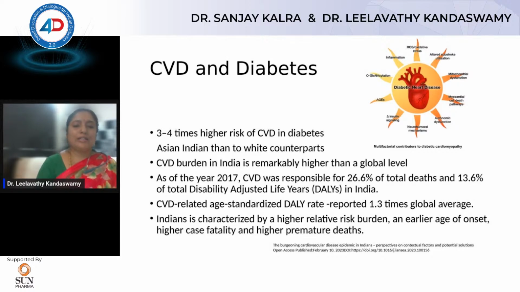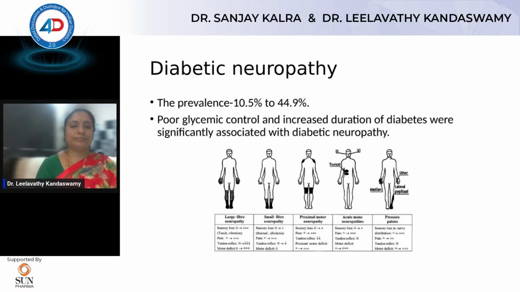In 2017, cardiovascular disease was responsible for around 26% of total deaths and 13.6% of total disability adjusted life years in India. And the DALY rate is reported to be 1.3 times above the global average. So in India, the burden is increased by higher relative risk, an earlier age of onset, high case fatality and higher premature deaths.